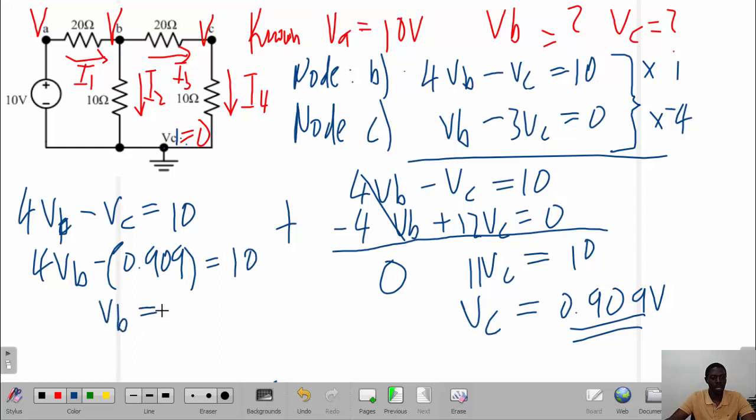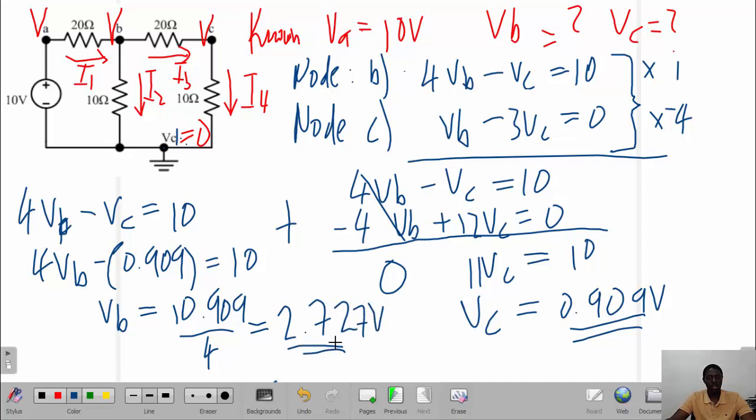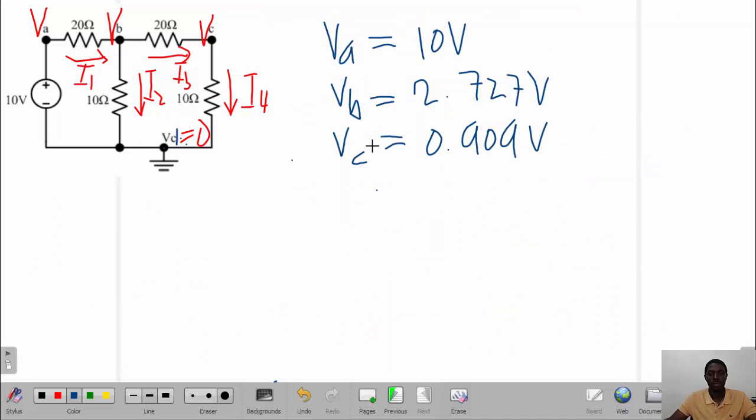From here, VB is going to give us 10.909 divided by 4, which gives us VB to be equal to 2.727 volts. So finally, we found our VA is equal to 10 volts, our VB is equal to 2.727 volts, and our VC is 0.909 volts.